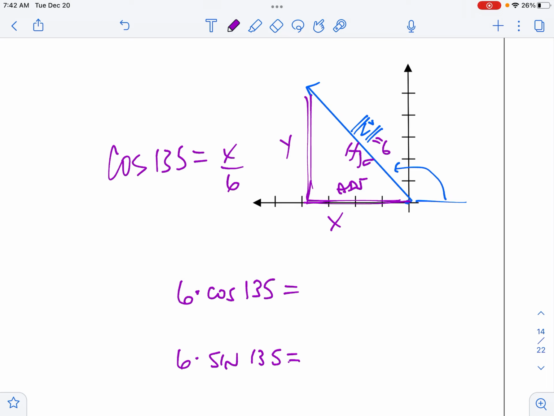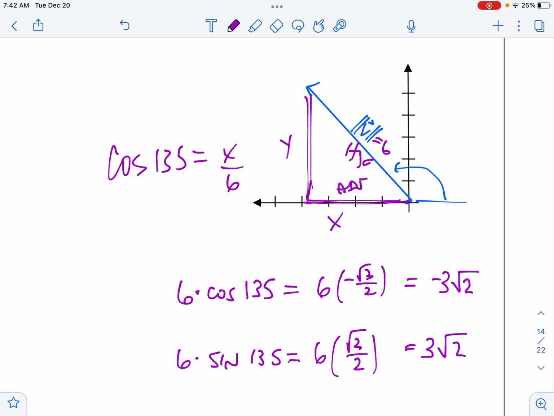So when I plug those in, I could use the unit circle to get these, or I could actually calculate them. Since 135 is on the unit circle, I'm going to go ahead and just use that. So that's going to be 6 times negative root 2 over 2, and then this is going to be 6 times positive root 2 over 2. So I end up getting negative 3 root 2, and 3 root 2.